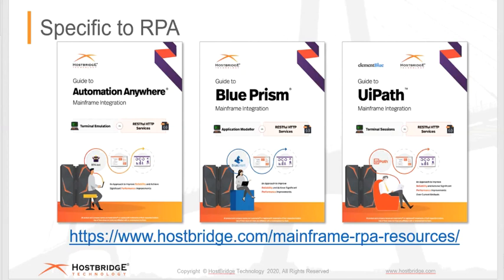And so we have written a specific white paper for each one, illustrating how these RPA platforms interact with the mainframe by default, and to be quite honest, what that's really going to mean and how that's going to impact the mainframe. By default, all 3 of these products, if they are to interact with mainframe transactions, will typically do it through terminal emulation and screen scraping.